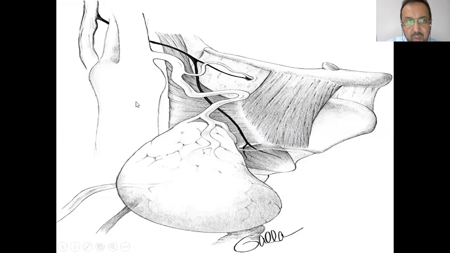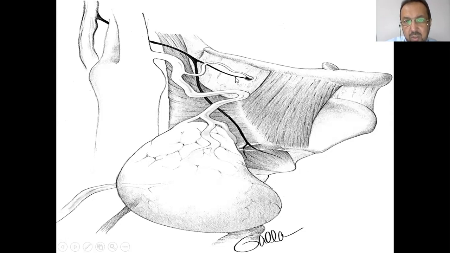Regarding nerves related to the thyroid gland, we can here just orient ourselves with the anatomy. This is the carotid sheath. This is the vagus nerve, from which a nerve known as the superior laryngeal nerve arises, passes behind the carotid sheath, and then soon divides into the internal laryngeal nerve and external laryngeal nerve.